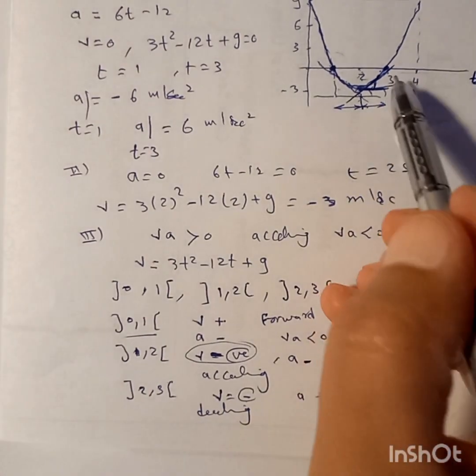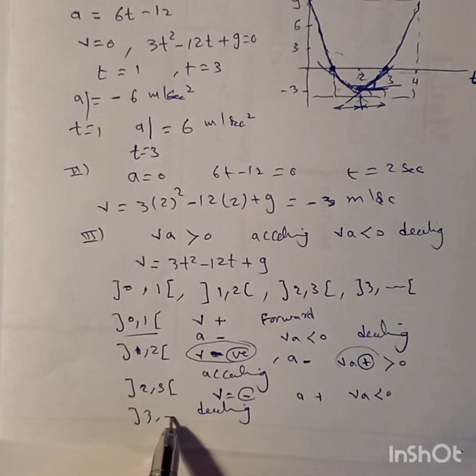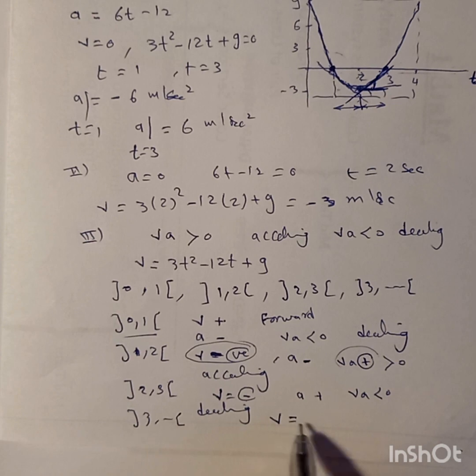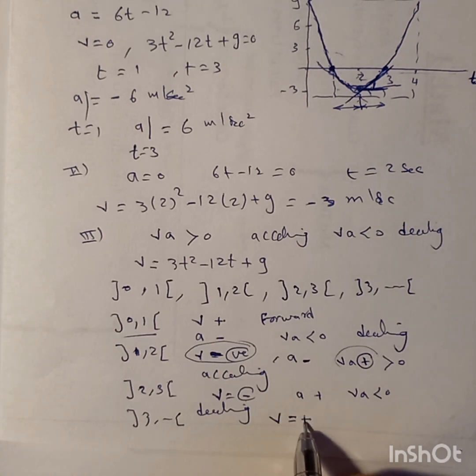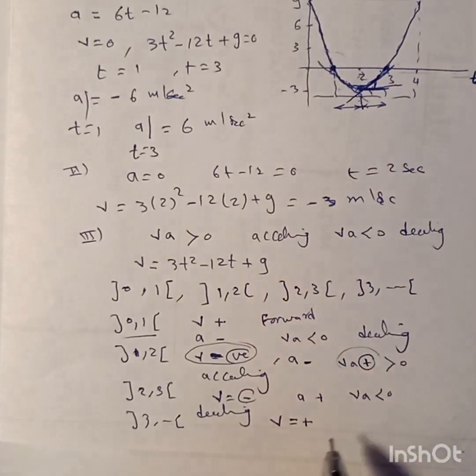And finally when t is greater than 3, the velocity is positive again, the direction changed again. Then v is positive as the curve is above the x-axis.